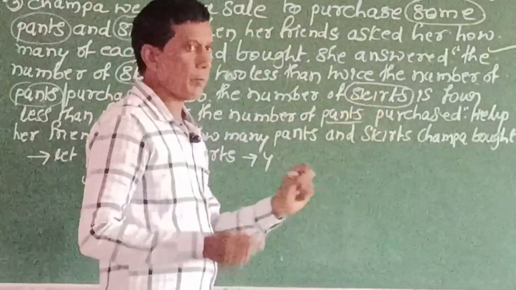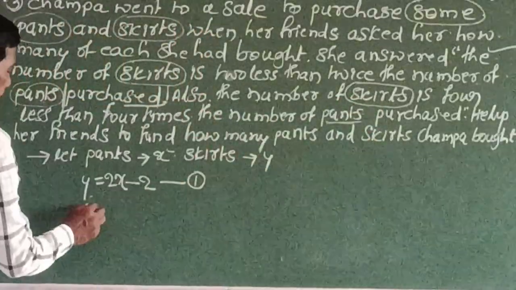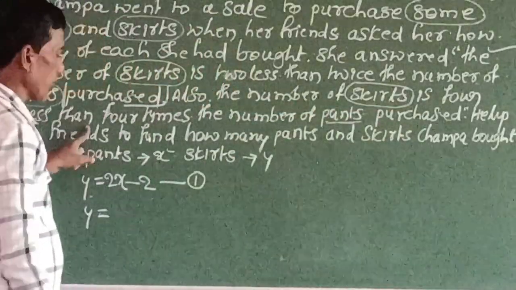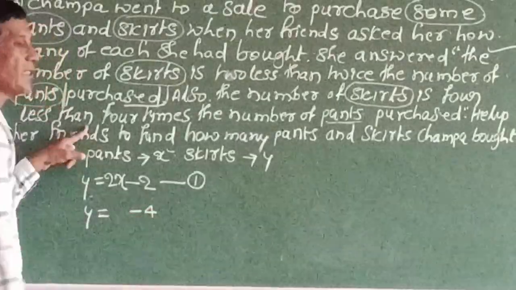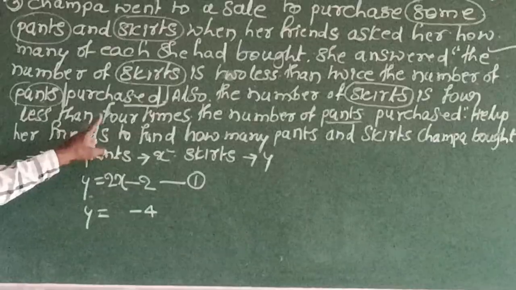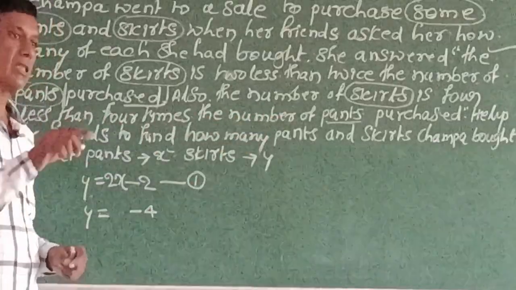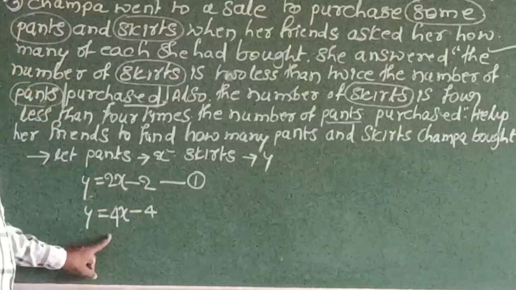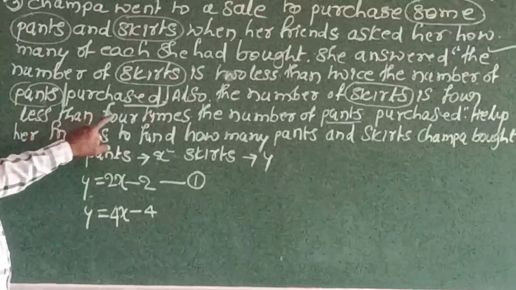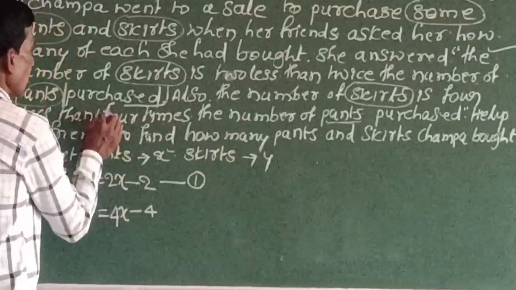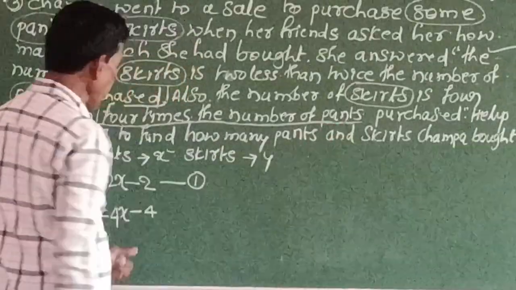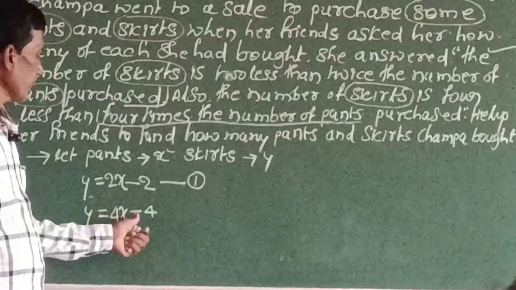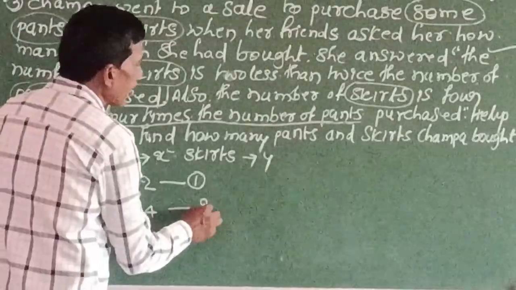The number of skirts is denoted by Y. Y equals the number of skirts is 4 less than 4 times the number of pants. 4 less than means minus 4. 4 times the number of pants means 4 into X, which is 4x. So 4x minus 4. That is the second equation.